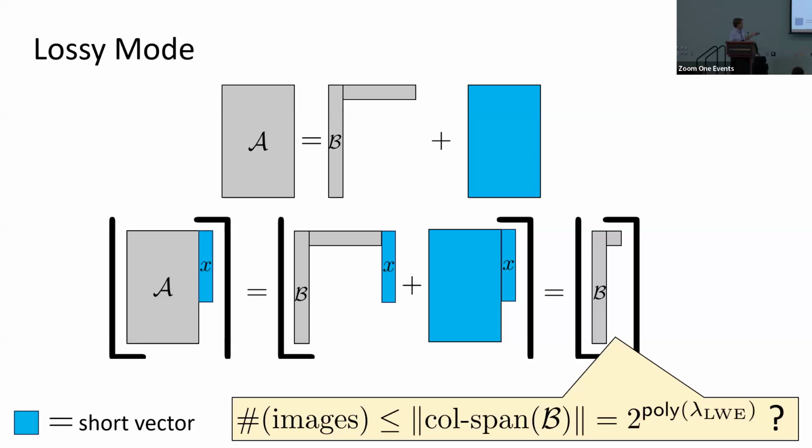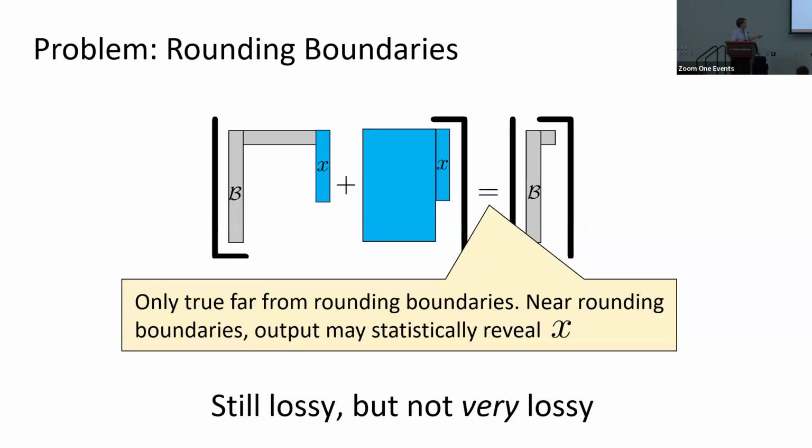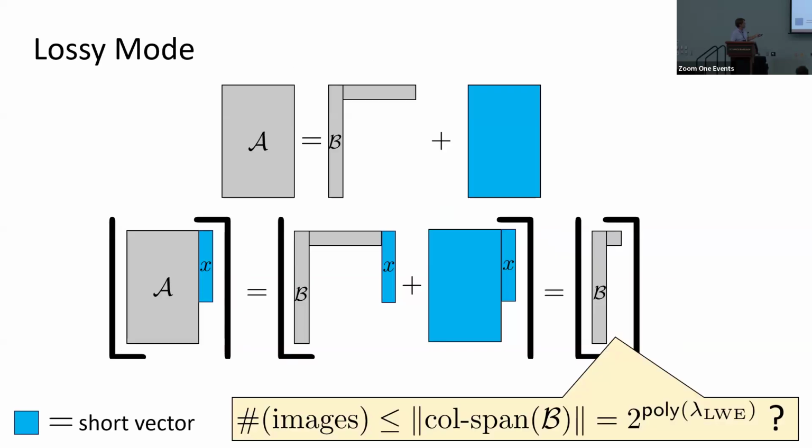But x, remember, we're saying the input is a short vector, times some short matrix, so this thing over here is small. And the hope is that the coarse rounding that we apply just eliminates the error here, and we're left with just this term, the low rank matrix dot x.